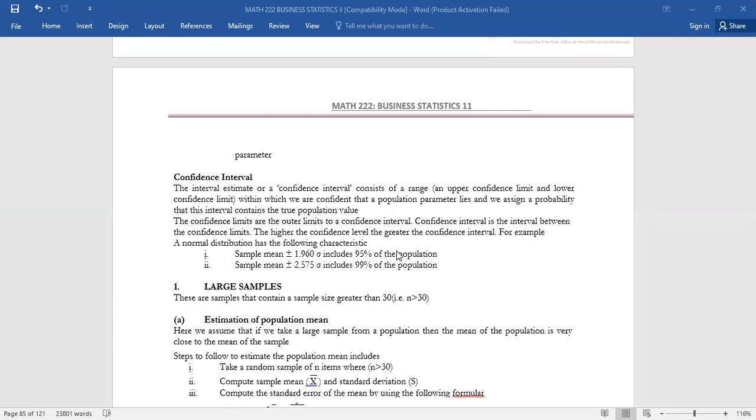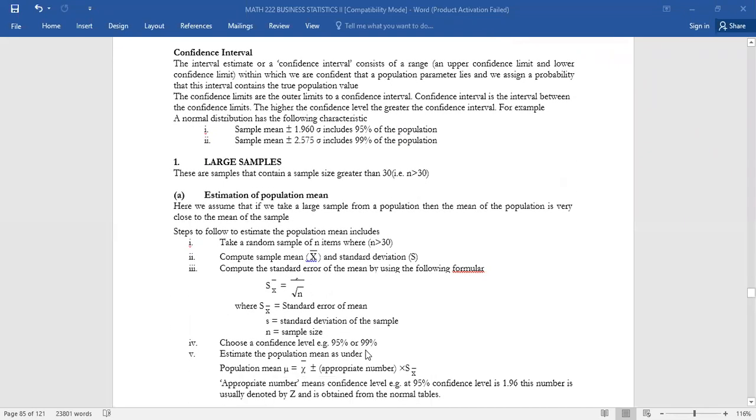Now, when we are estimating the population mean, here we will assume that if we take a large sample from the population, then the mean of the population will be close to the mean of the sample. And we normally follow these 5 steps. To start with, we take a random sample of N items from the population.